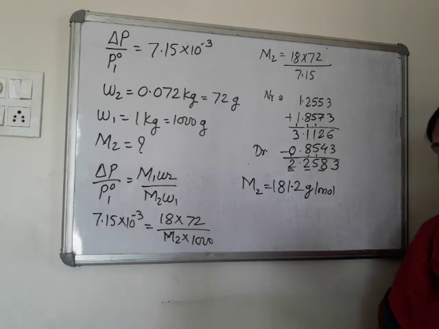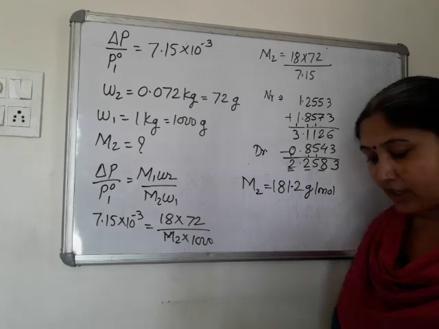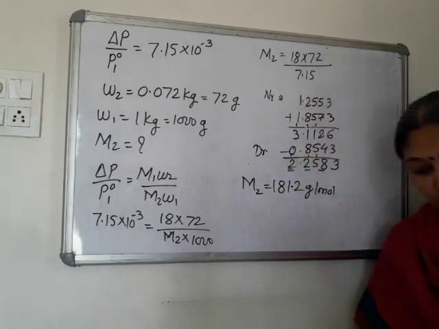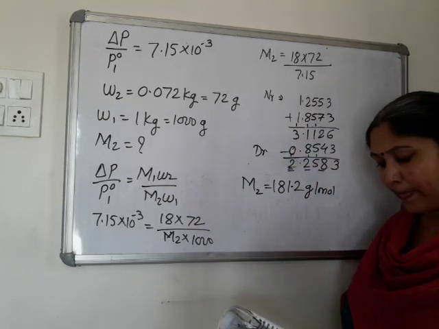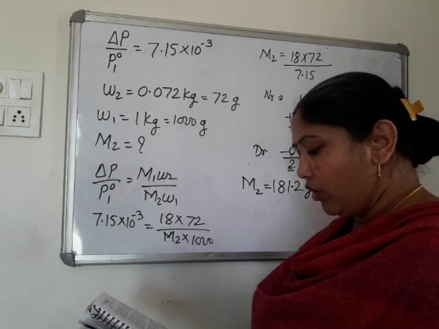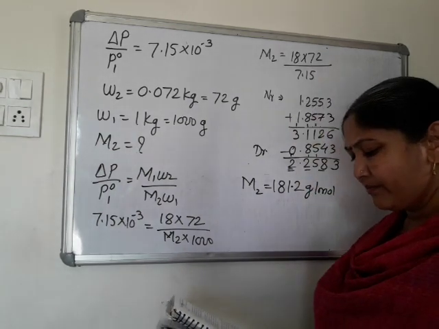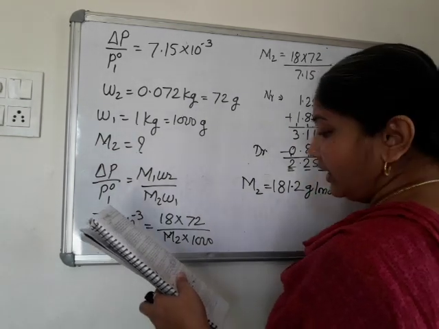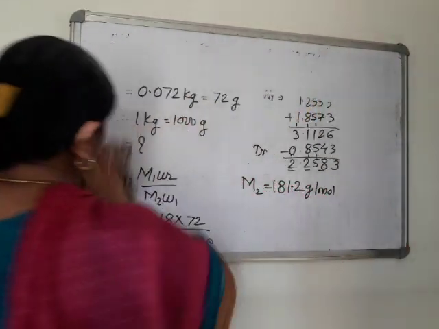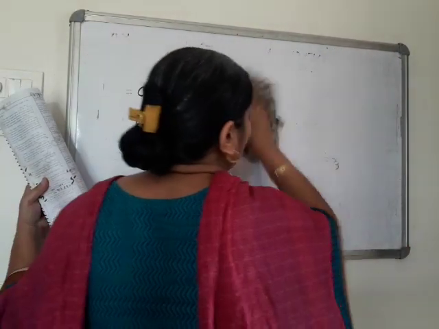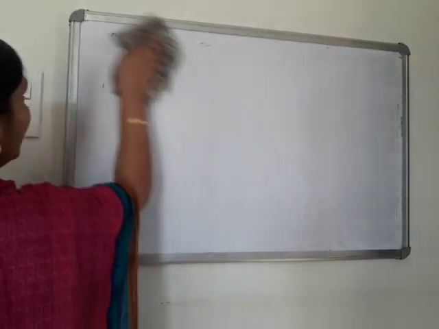The vapor pressure of water is 17.8 mmHg.